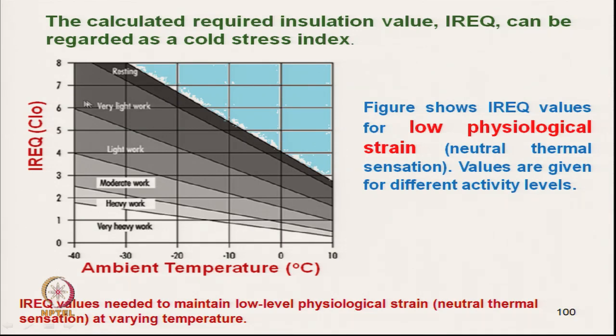But the same person, if he is working very hard at minus 20 degrees Celsius, will require clothing with a clo value less than 1.